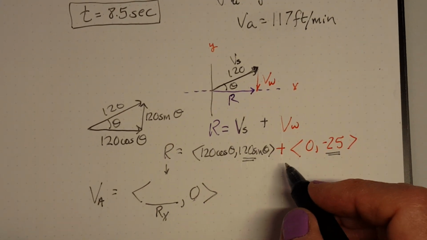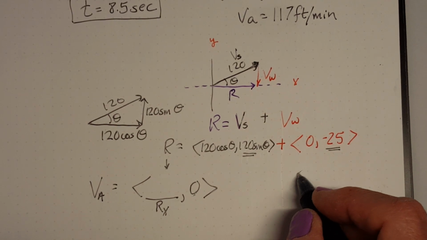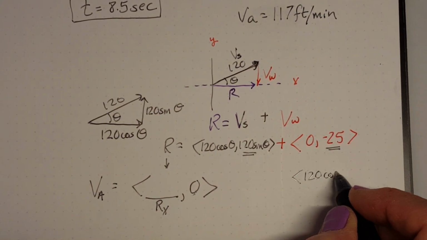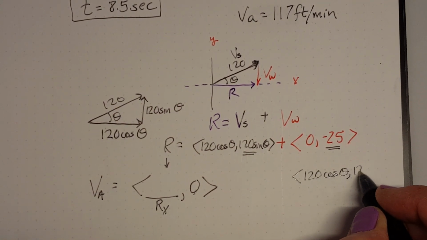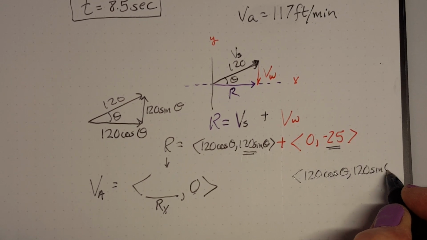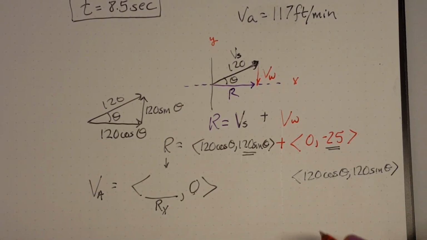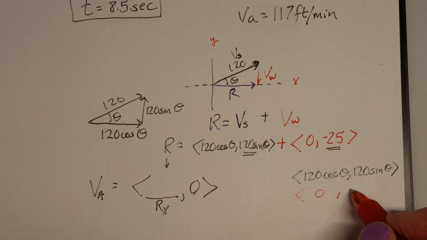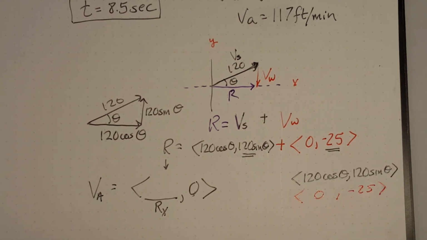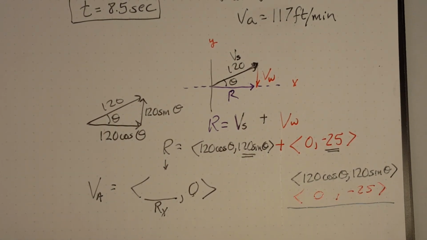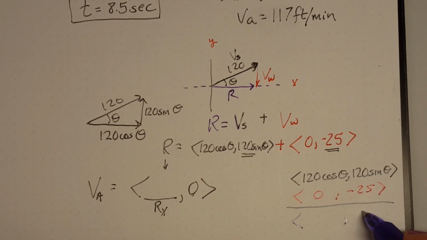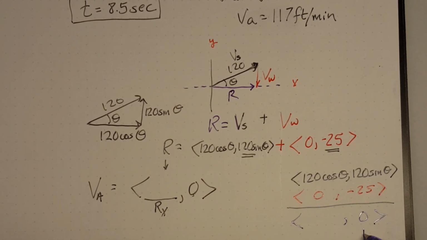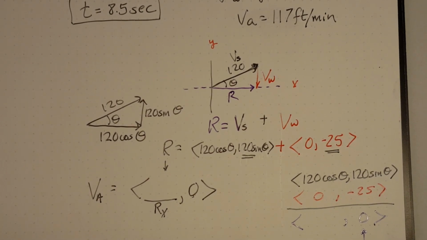When we add these two, and I like to show them adding sort of stacked up, so I'm going to do it this way, 120 cosine of the angle and 120 sine of the angle, and if I add that to 0, negative 25, to get my across the river vector, right, I want these two to add up to 0 because that allows me to go across the river.